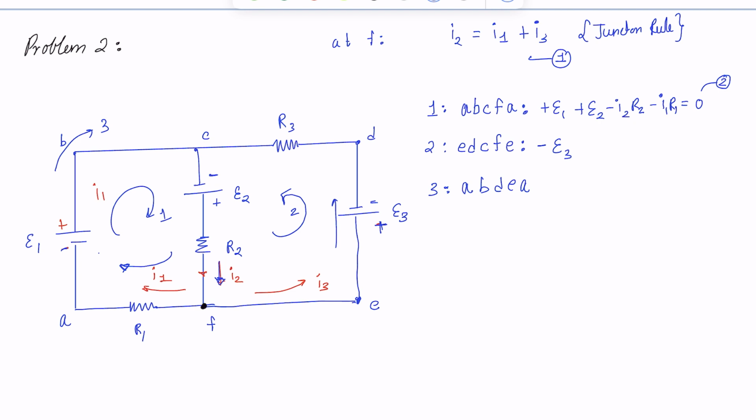Again I come in here, the current isn't moving in the same direction as the travel, so I write that down as plus I3 R3. Now I'll cross epsilon 2 and it will be positive epsilon 2. Then I'll be crossing R2 and it will actually be minus, because I'm traveling in the direction of the current.